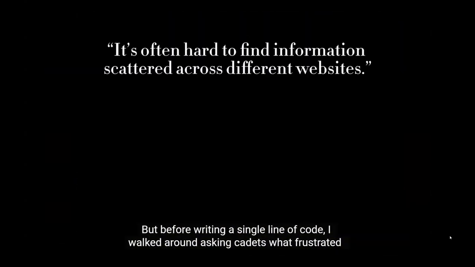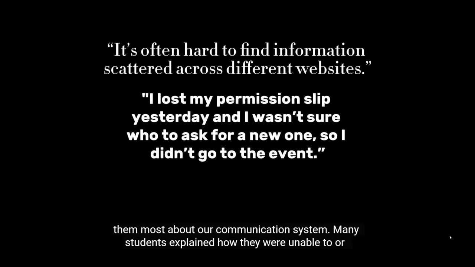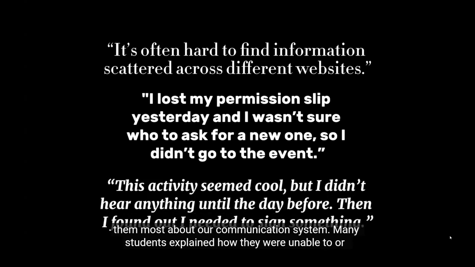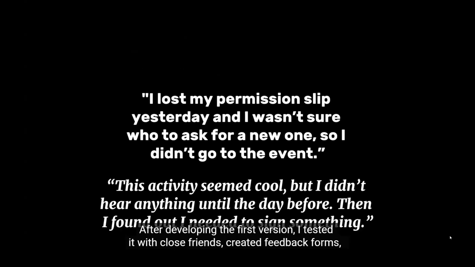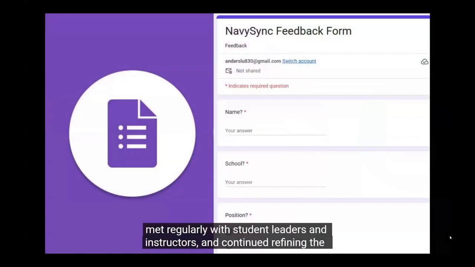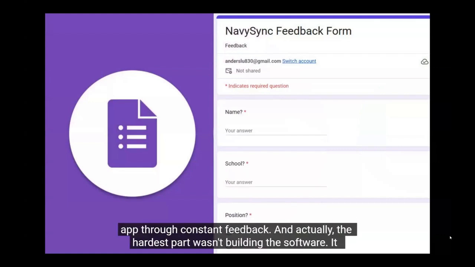But before writing a single line of code, I walked around asking cadets what frustrated them most about our communication system. Many students explained how it was hard to find information. My design takes in all these concerns and solves them one by one. After developing the first version, I tested it with close friends, created feedback forms, met regularly with student leaders and instructors, and continued refining the app through constant feedback.